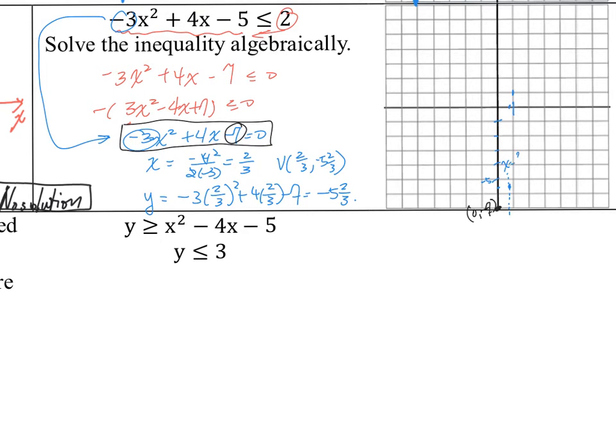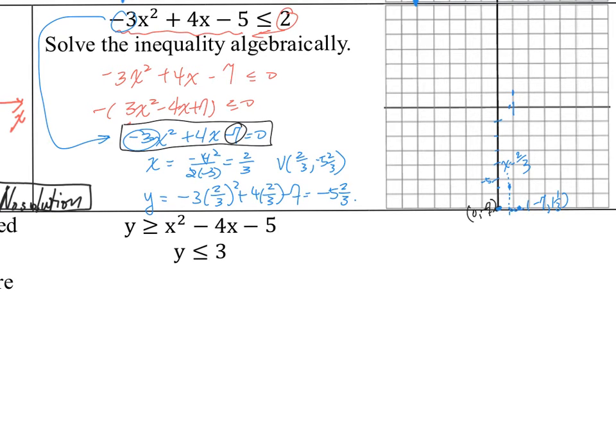So I need to reflect this 0, negative 7 point 2/3 to the right of the axis of symmetry. So it's about here. This would be 1 and 1/3, so we would have 1 and 1/3, negative 7. Because this would be 1/3 and this would be 1/3, so 2/3.